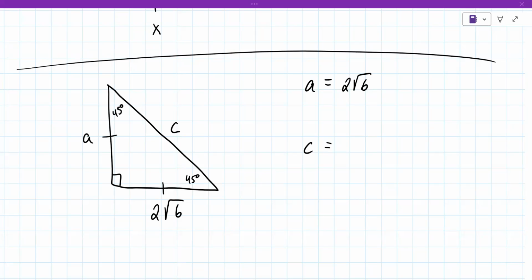It would be 4 root 3. All right, now let's do another here.